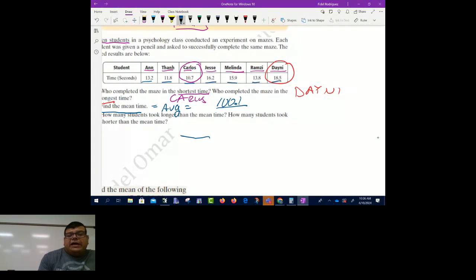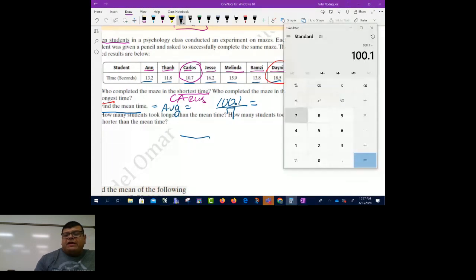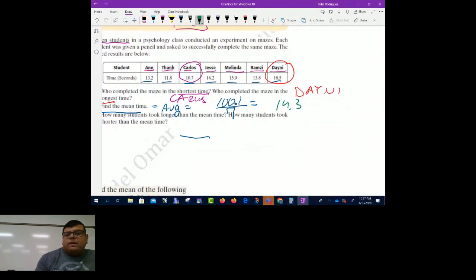Well, y'all, we had 7 numbers. So if I divide that number by 7, the average time, y'all, is 14.3 seconds. Okay, that's the average time, 14.3.